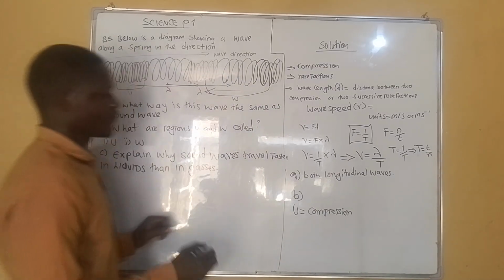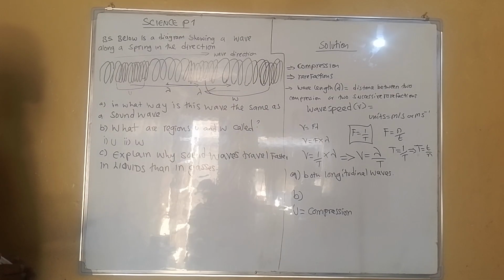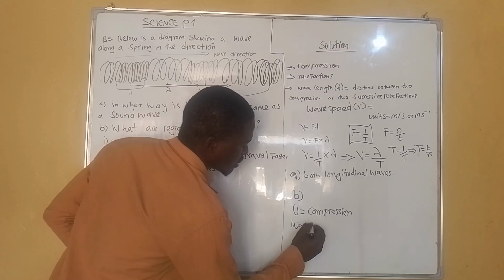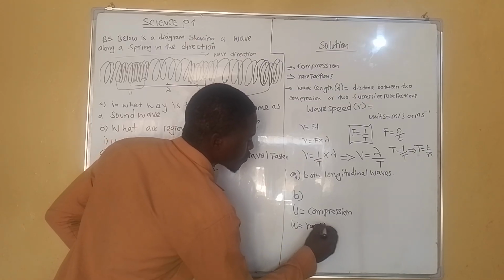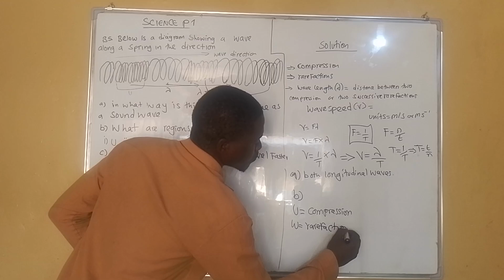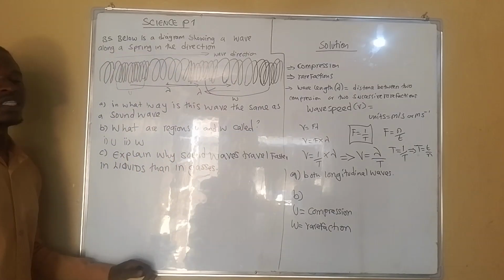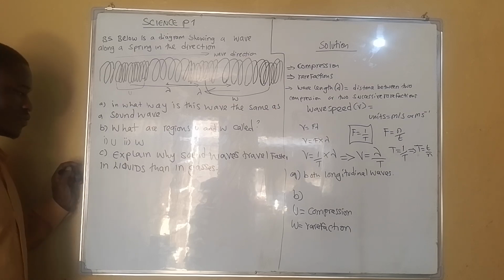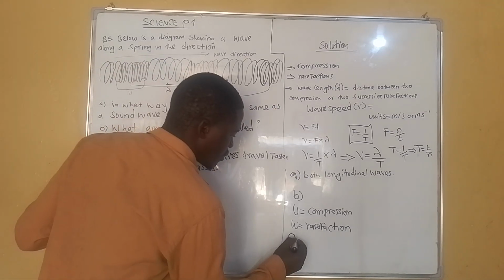And then the other one, W. What is W? The layer fraction, isn't it? Is it okay? And then C.